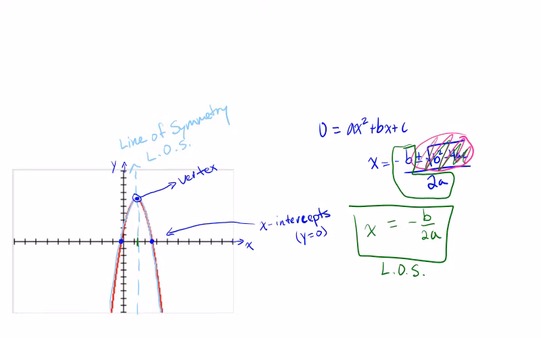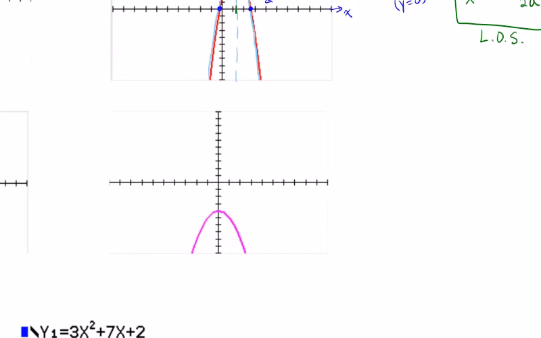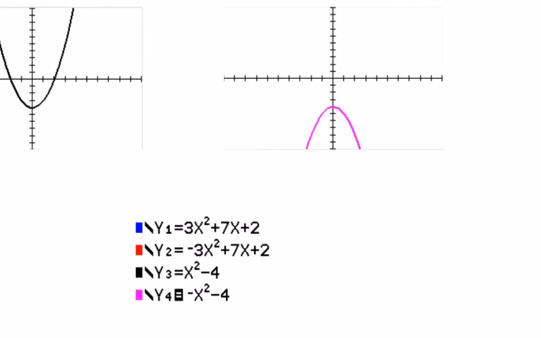Oh, and one other thing, probably the easiest thing to find: how do we find the y-intercept? How do we figure out where it crosses here? Maybe it crosses right there, so it looks like it's 2. If we go back and look at this graph, that was the red one. Where do we see a 2 here? Right there.